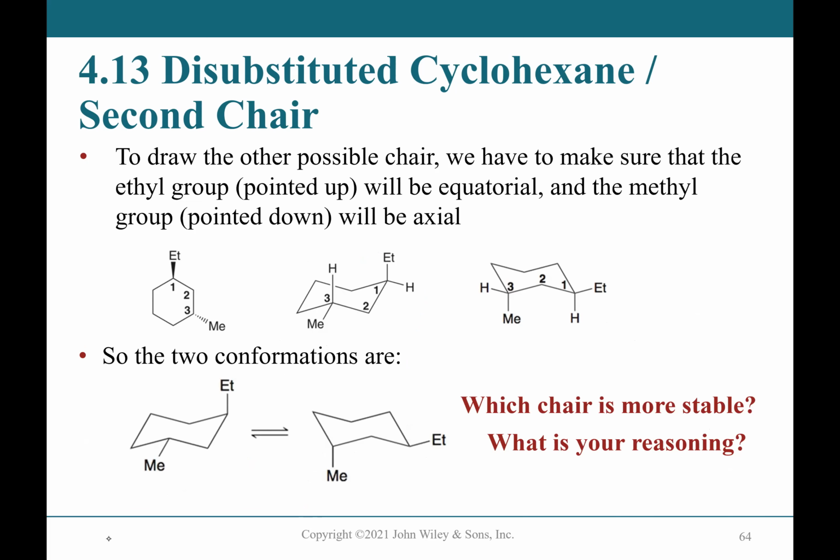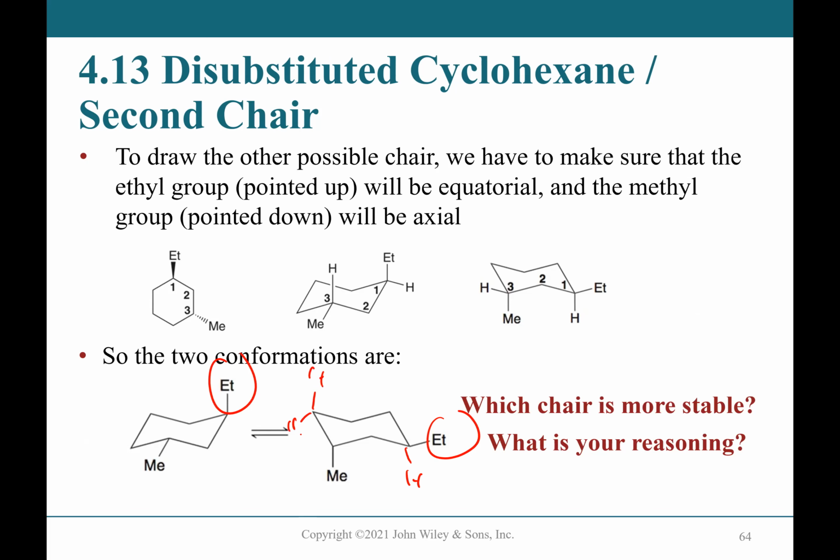So there's two possibilities of the chair position. And here are your two chair possibilities. You have the ethyl group in the up position right here, and then you have the ethyl group in the side position here. Let's think about this. If we have that methyl group there, we're going to have a hydrogen right here.